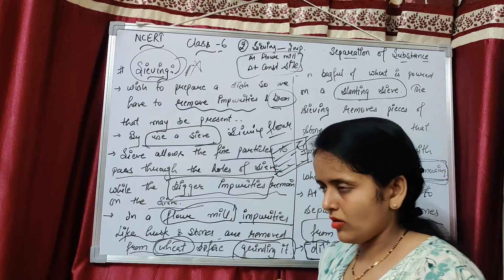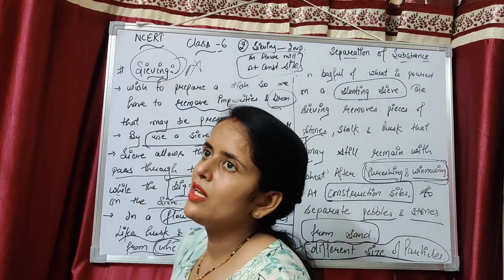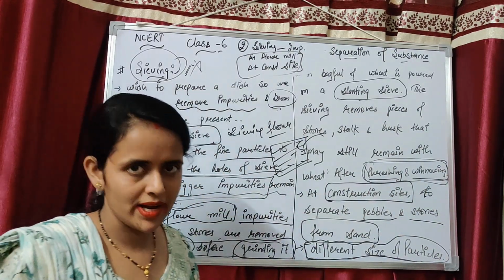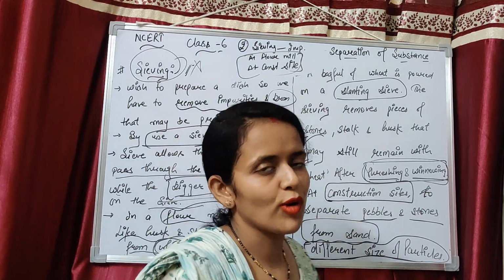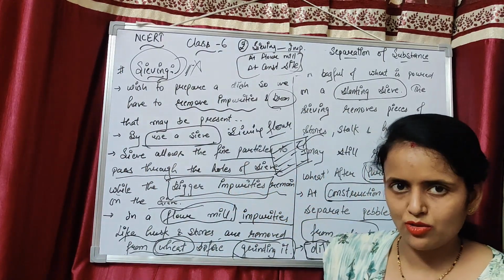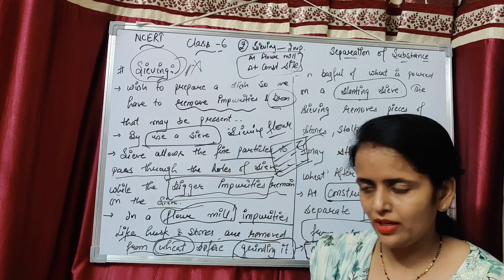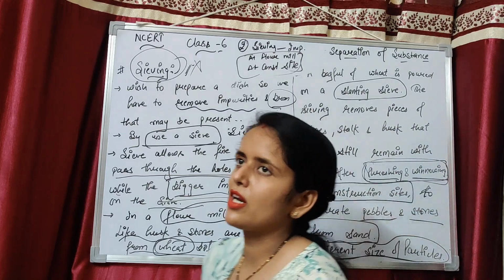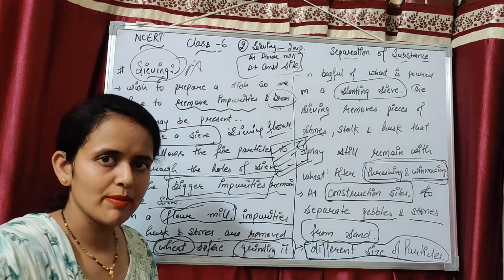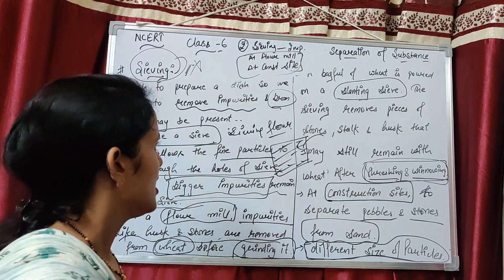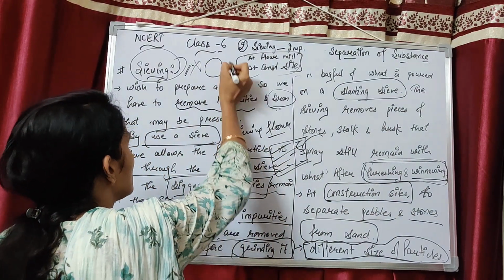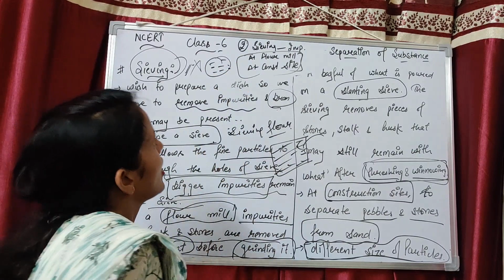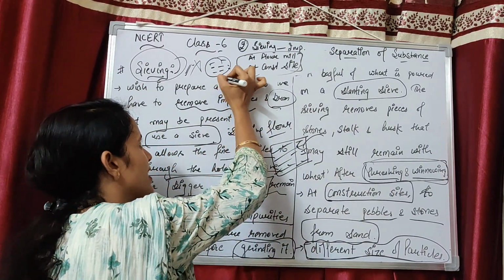So, let me give you an example. Let's perform an activity. Take some flour from your home and sieve the flour in your classroom. The impurities will remain in the sieve. Sieving is applied correctly here.